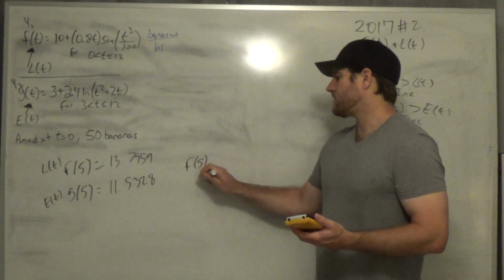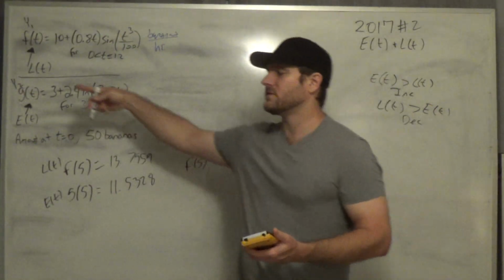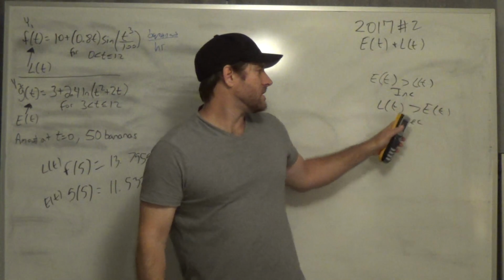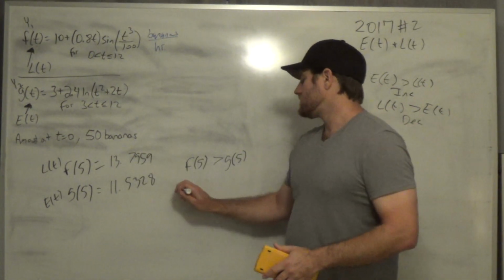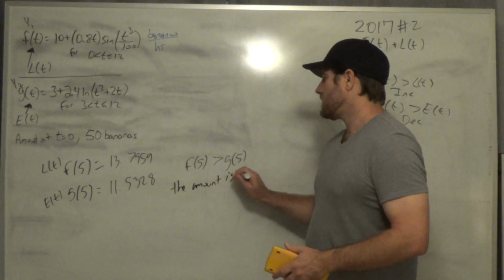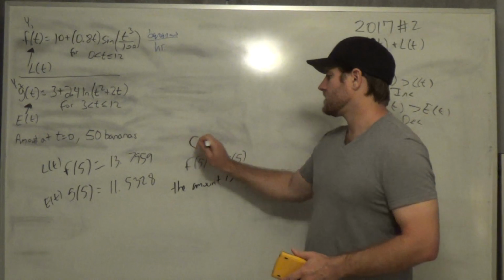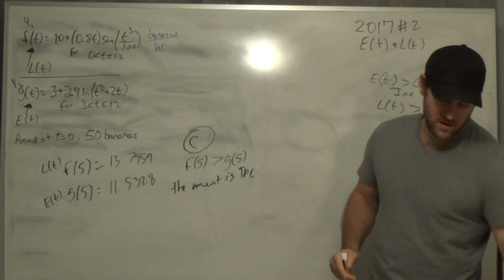And since f of 5 is greater than g of 5, remember f is my leaving rate. F of 5 is greater than g of 5, that means the leaving rate is greater than the entering rate. We would say the amount is decreasing. And that's part C. So the amount is decreasing because f of 5 is greater than g of 5.